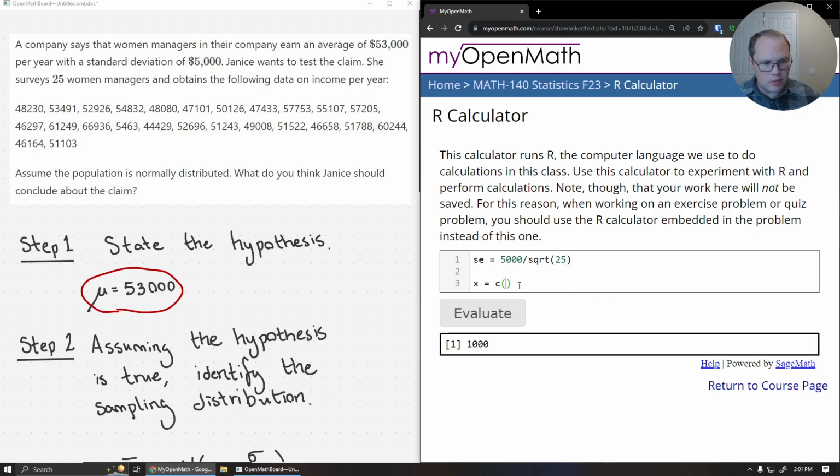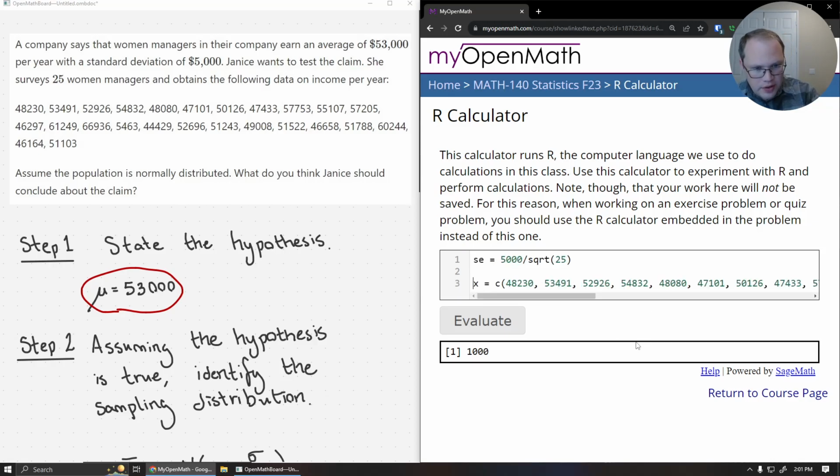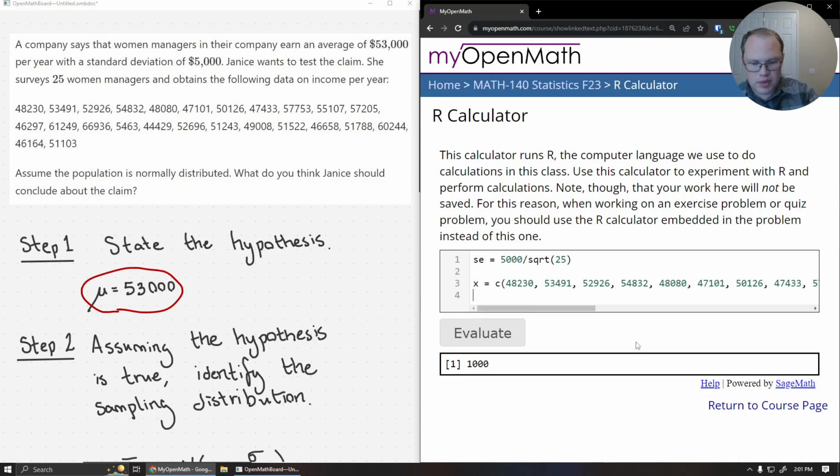I'm going to paste them right in here, combine them into a list, and I called the list X. Let's count them up, see how many I have. And I have 25 data points, which is good, right? My sample size, I am told, is 25. I interviewed 25 women managers, so I should have 25 salary values here.